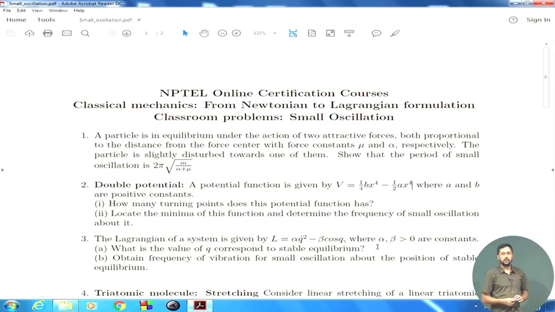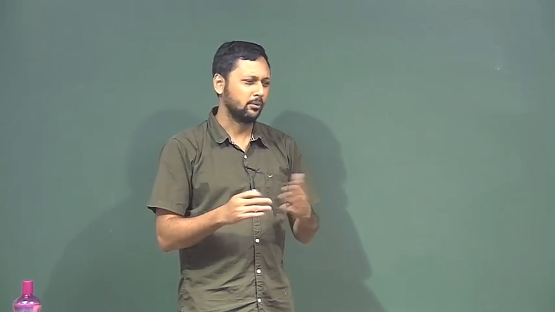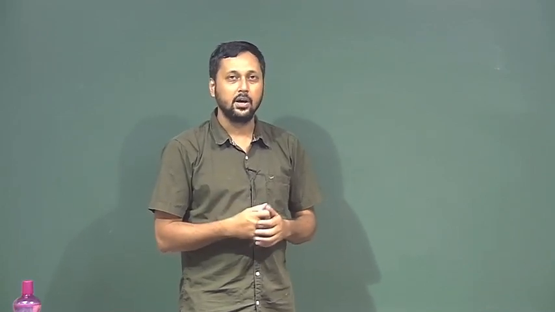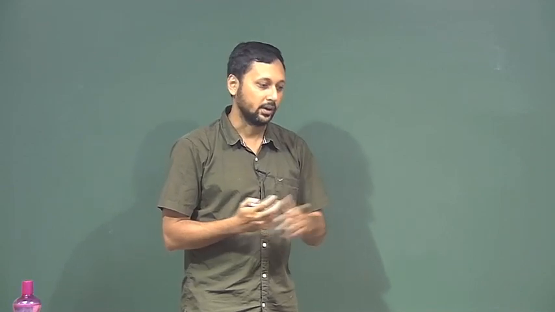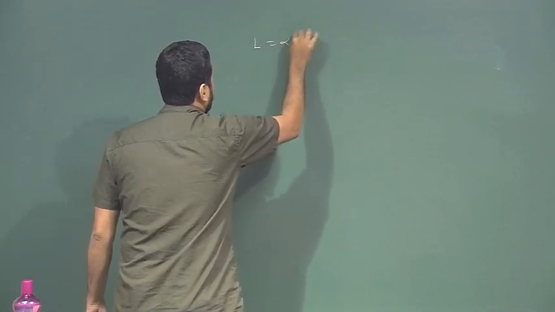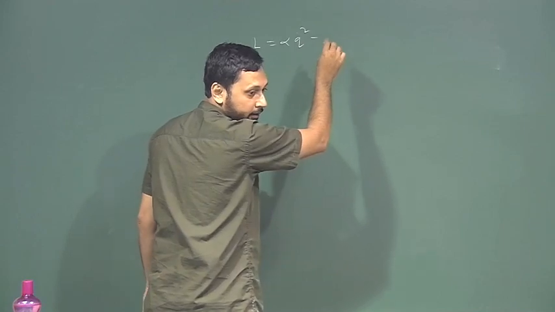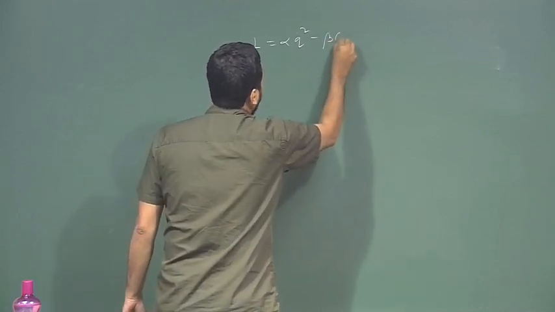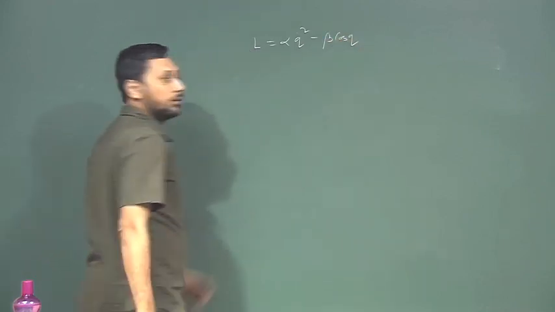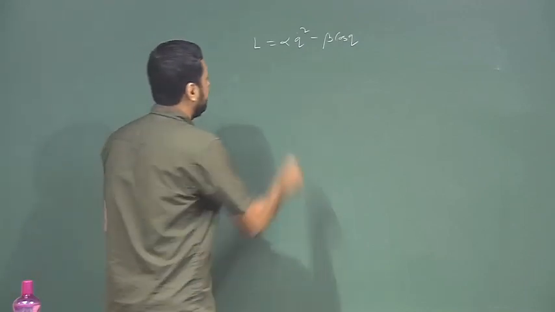So, in principle it is a very similar problem, almost similar to the previous one. We have a potential given. Okay, potential is not given directly, but when you write L equal to alpha q dot square minus beta cos q, it is obvious that this one is the kinetic energy and this one is the potential energy, is it not?